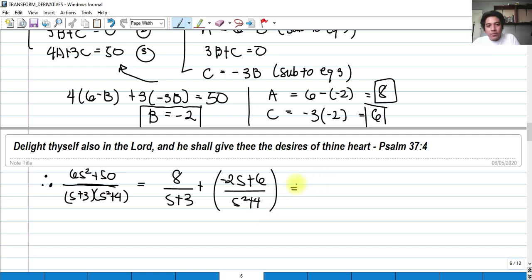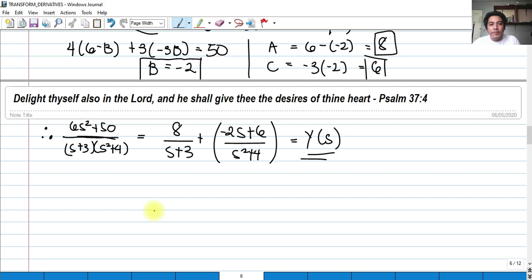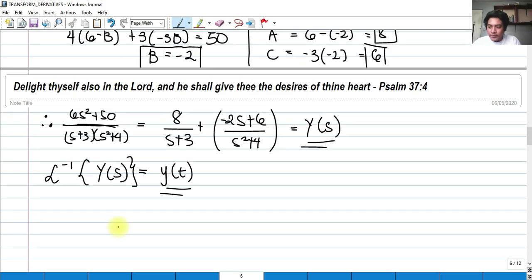And this is actually equal to Y of s. Recall that. So we can now simply get the inverse Laplace transform of Y of s in order for us to get y of t, which is the solution to our differential equation.